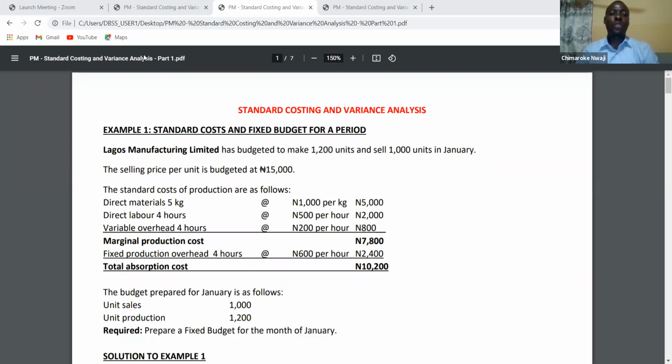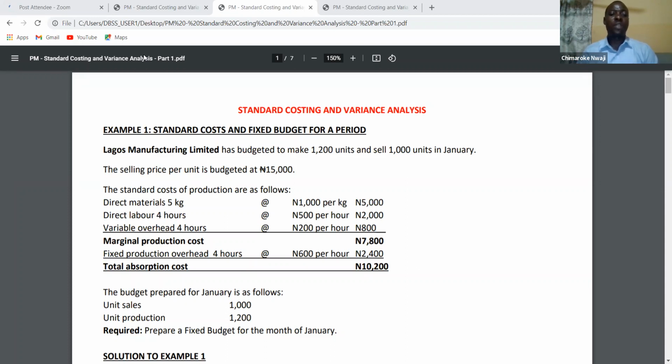Then you want to make bread, you will need labor. What is the standard labor hours to make one loaf of bread? When you know the standard hours, how much do you pay those laborers per hour? That will be your standard cost. So when you multiply the cost with the number of hours, you get your standard labor cost for one loaf.